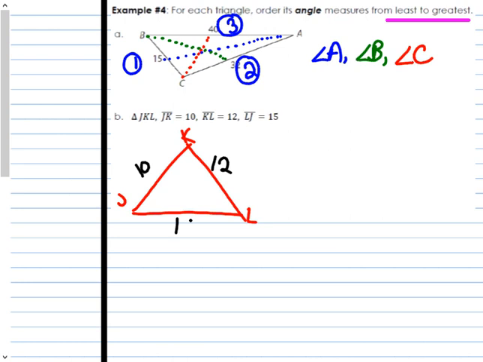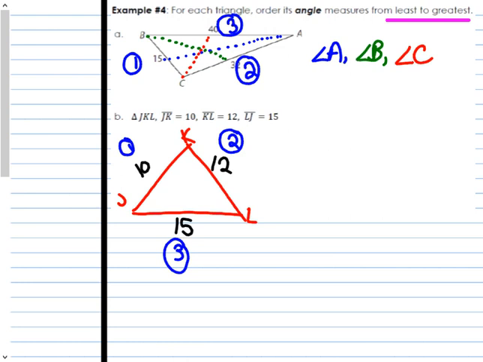So doing the same thing again, from least to greatest. Well, I don't know the angle values, but I do know the sides. So I'm going to mark the sides from smallest, which is least, to greatest. JK is the smallest side. KL is the second smallest side. And JL is the third smallest side.